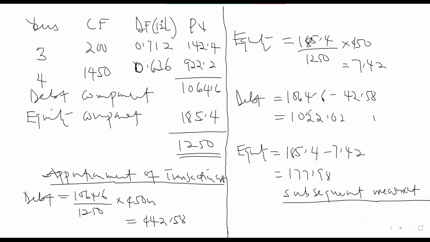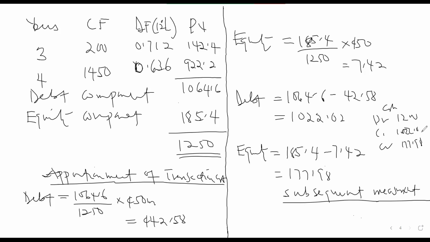So you debit cash of 1,200, that is the net of the transaction cost. Then you credit liability of 1022.02. Then you credit equity of 177.98. That is the initial recognition. If you do the two, the debit will be 1,200. The credit will also be 1,200.